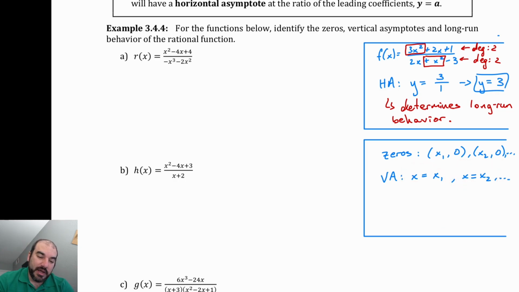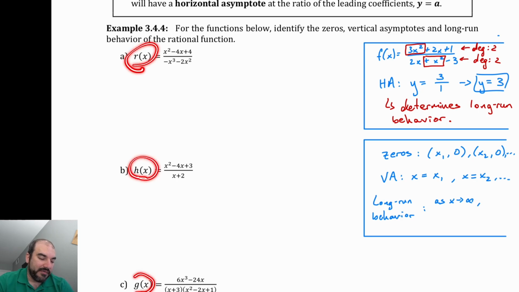As for the long run behavior, we're going to write the long run behavior as follows. We're going to say as x goes to infinity, your function, whatever it is, I'm not going to write something specific, but it could be r of x, h of x, g of x.